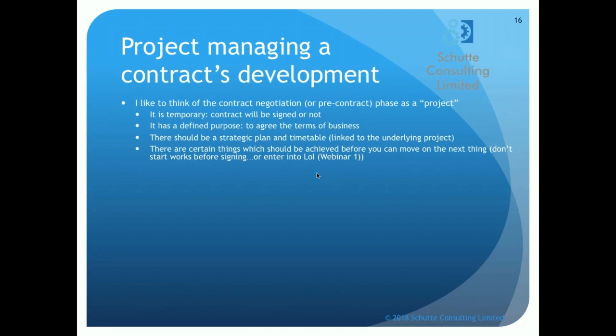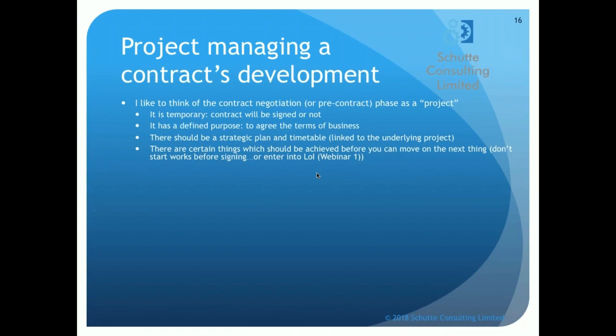You have a purpose to the phase. The idea is that you agree the terms of business as between the parties. Just like projects in general, there should be a strategic plan and a timetable attached to that contract negotiation phase. That, of course, needs to be linked to the underlying project.